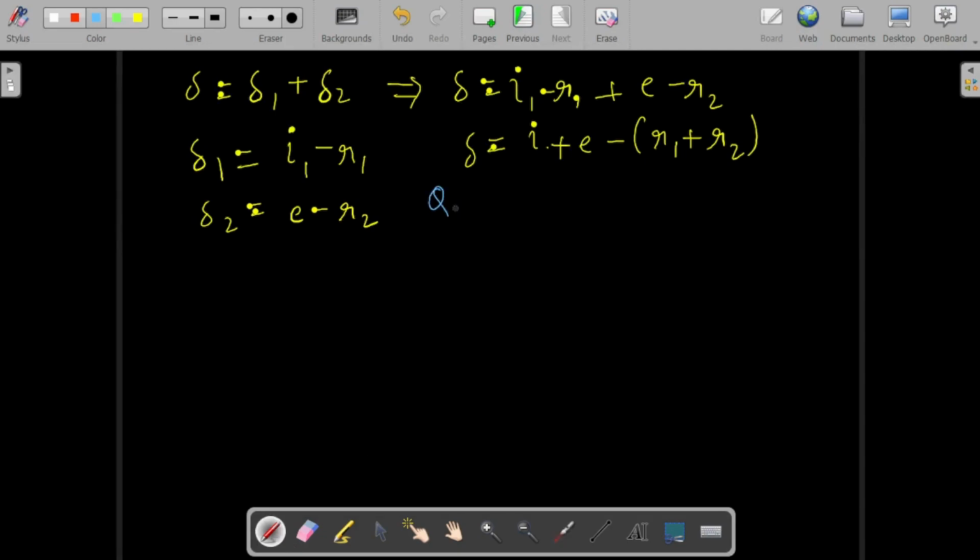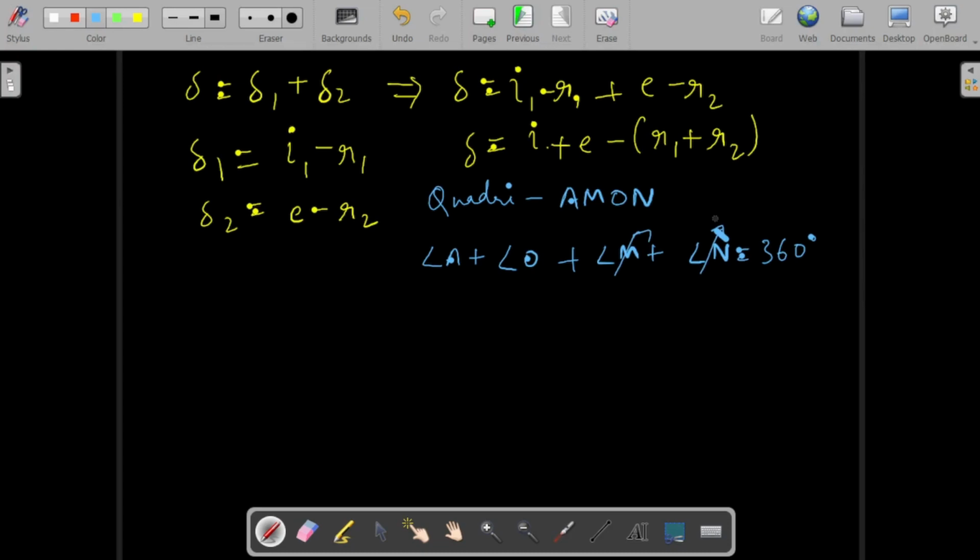Let me write quadrilateral AMON. In this quadrilateral, angle A plus angle O plus angle M plus angle N equals 360 degrees, because the sum of all the angles of a quadrilateral is 360 degrees. So these two values are 90 degrees and 90 degrees, which is 180 degrees, and we have angle A plus angle O equals 180 degrees.